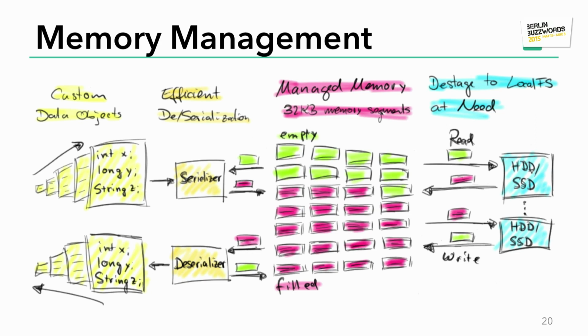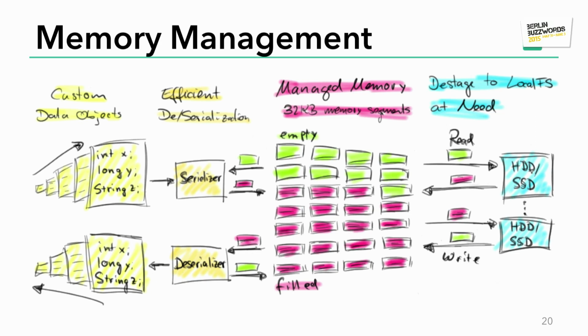And for these objects, it's really hard to estimate the size. So this means it is hard to detect when your heap actually gets full and when you would have to take some of the elements from the heap, put them somewhere on disk, and make new space available for new elements.